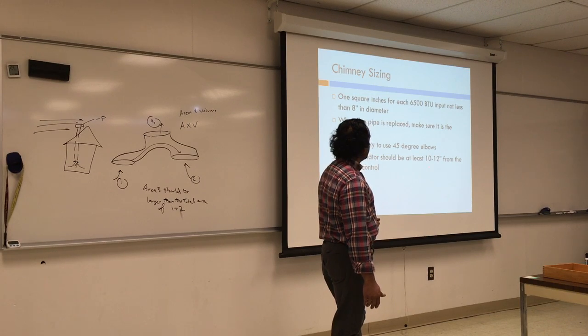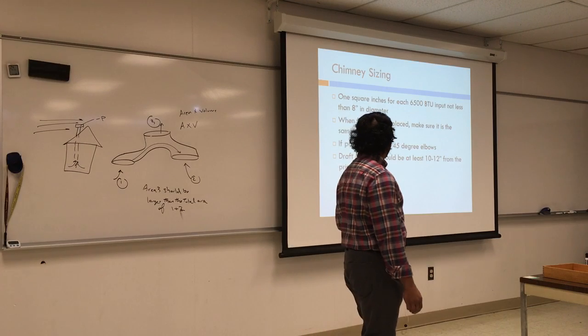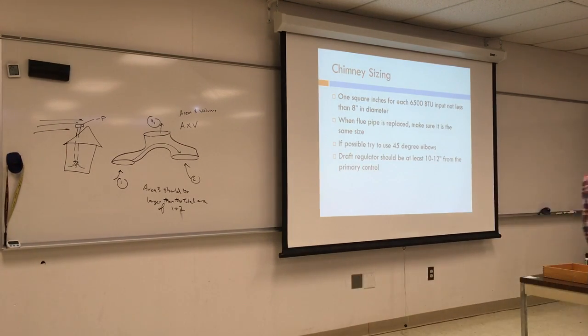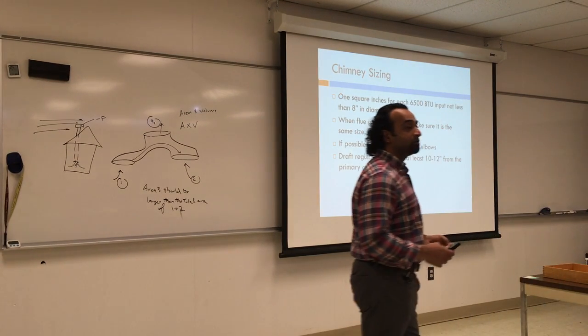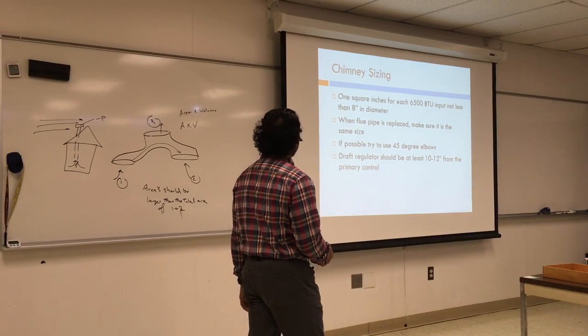Draft regulator should be at least 10 to 12 inches from the primary control. You should not have your draft regulator close to your primary, because the draft regulator will hold in some air. It has been mentioned, at least 10 to 12 inches from the primary control, because there are ways we can put the primary very far from the burner.